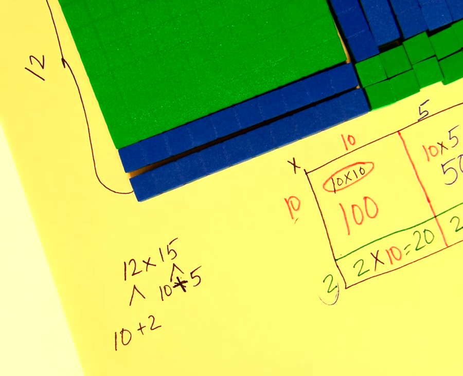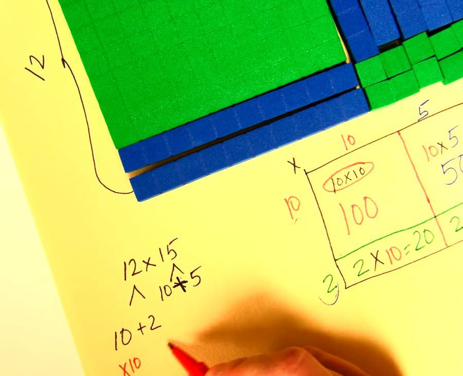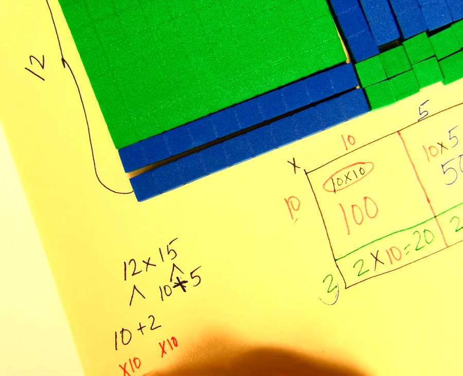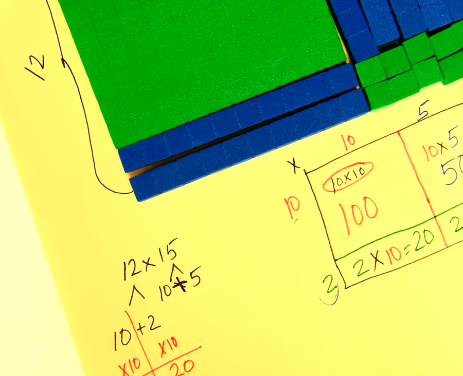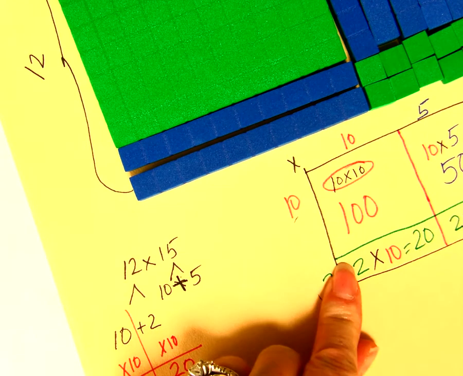At this point, I need to multiply 10 times 10, and 10 times 10 does make 100, and 10 times 2 does make 20. And you can see that's exactly what I have here.